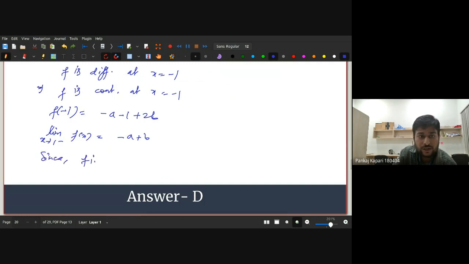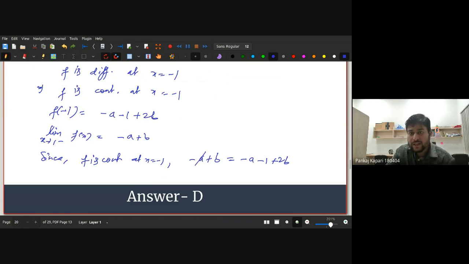Since f is continuous at x equal to minus 1, we must have minus a plus b equal to minus a minus 1 plus 2b. So you can see that a will cancel out on both sides, and it will at least give us the value of b. So the value of b must be 1.